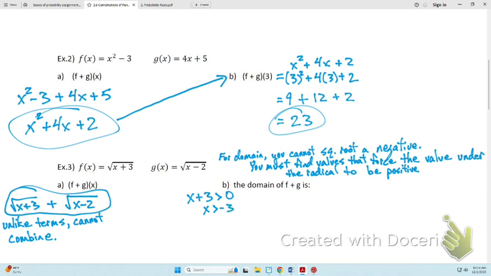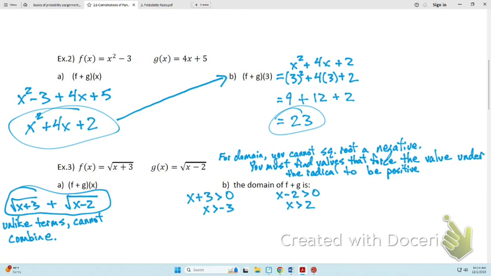Next, you take the other radicand, and you say x minus 2 greater than 0. Solve for x. And you add 2 to both sides, and you get that. Okay, now here's the hard part. Our answer is one of those, and it's the one that gives us a positive for both radicals.